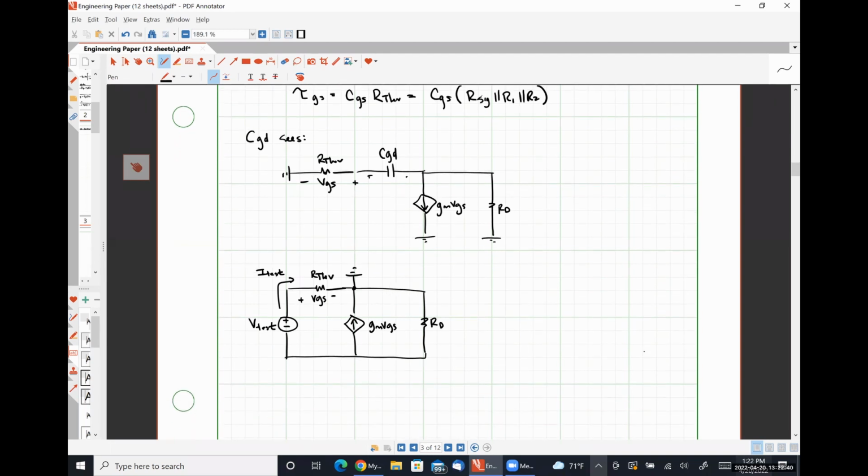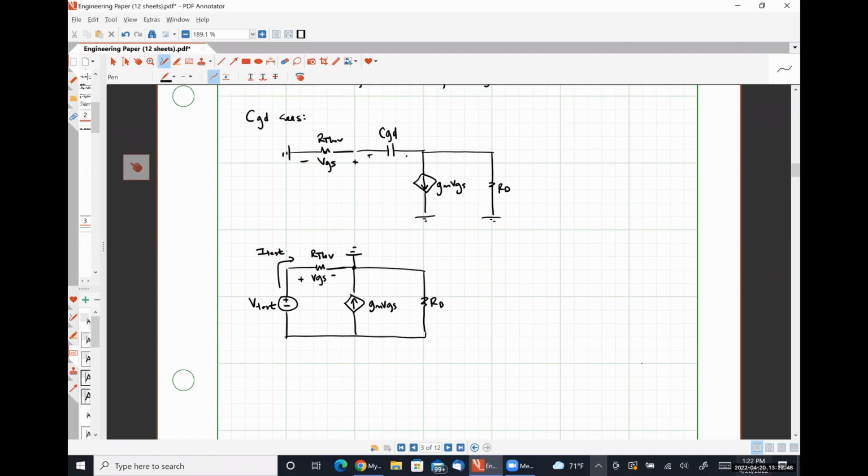So if I apply Kirchhoff's voltage law, I'm going to start at the bottom left-hand corner, just like I did way back in Circuits 1. And I have negative V test. And then the voltage drop over R Thevenin, which is simply I test times R Thevenin.